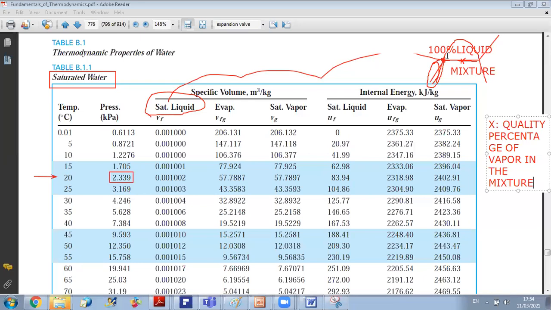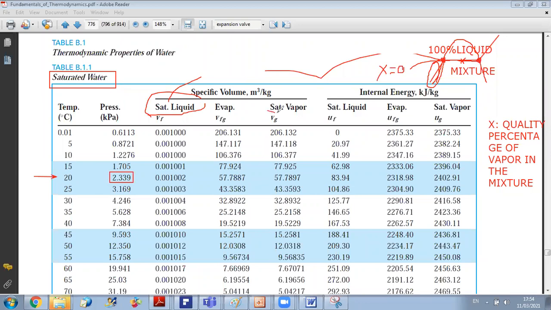So when I am at this point, what will be X? When I have 100% liquid, X is equal to what? No, 0, exactly. Because when I have 100% liquid, this means that I have 0 vapor, and X is the percentage of vapor. So this point corresponds to a quality of 0. The other extreme point is this one, called the saturated vapor state.